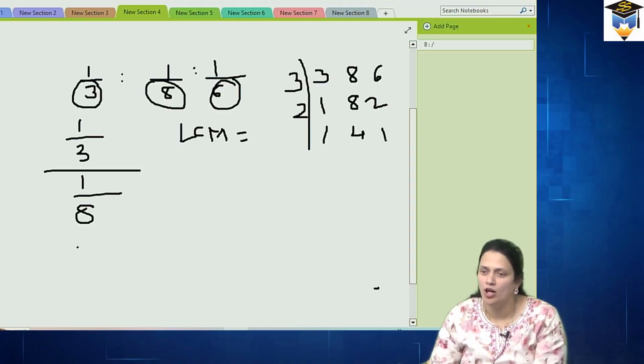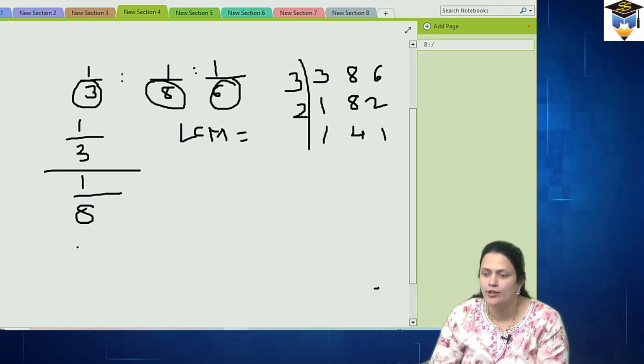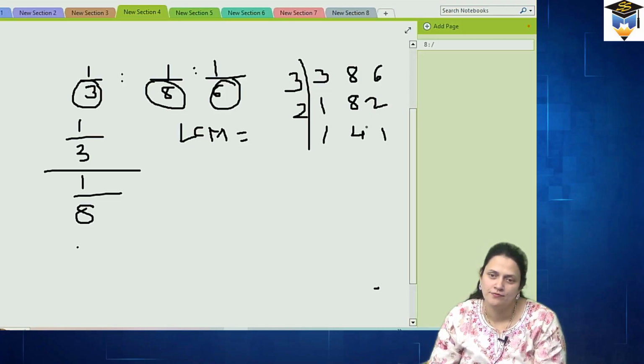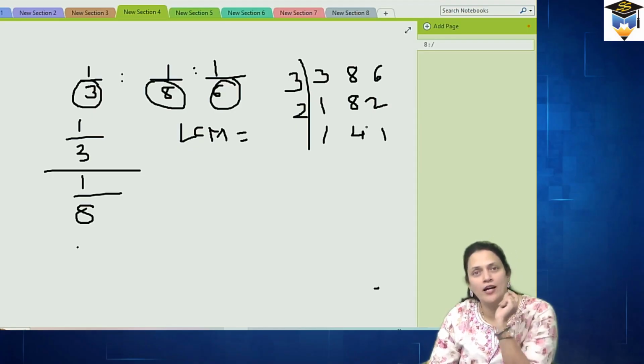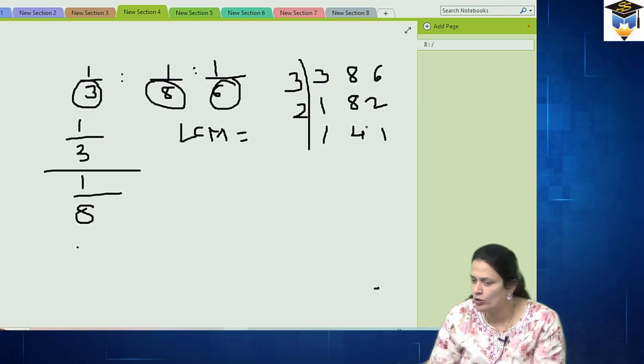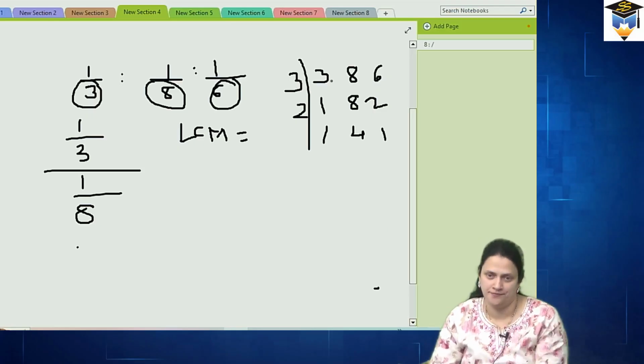Common into uncommon. So 3 into 2 into 4, 24. 24 is the LCM. How do we find the LCM? Common factors multiplied by uncommon factors. You don't need to convert everything to 1.